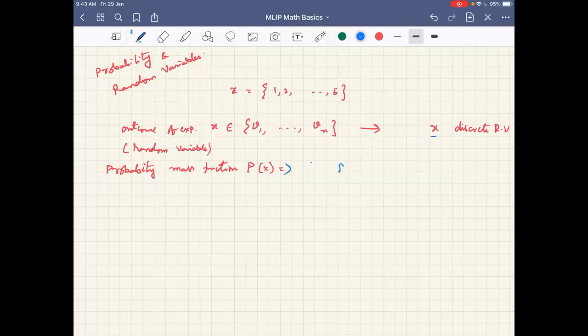I can write this as P of X taking Vi is equal to 1/6 for all i equal to 1 to 6. Usually, probability mass functions or probability density functions, we will sketch them.